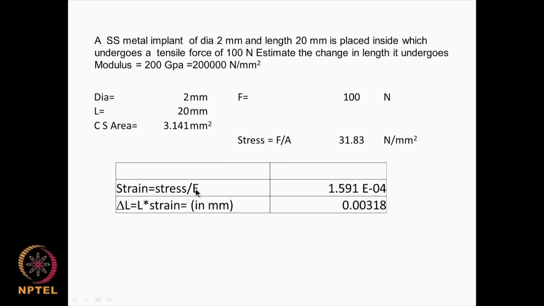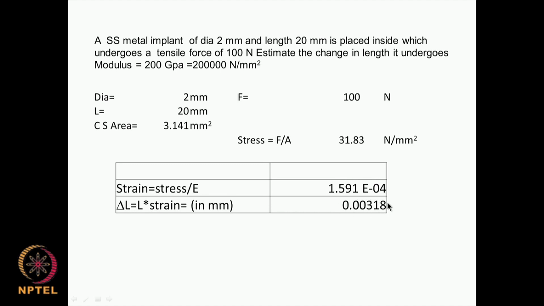Strain is equal to stress by E. So, 31.83 divided by 200,000. So, this comes to 1.59 10 power minus 4. There are no units so far because stress and modulus have same units. Then delta L, that is the elongation, is given by length into strain. Strain is this, original length is 20. So, you multiply this by 20, it becomes 0.00318.